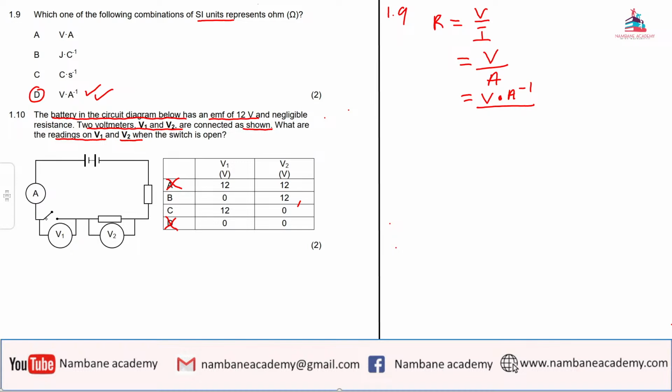It says when the switch is open, the battery gives us the maximum EMF, which will be 12 volts. So this here is actually measuring the potential difference there. So 12 is an option. And when I look at C, 12 is the first option that I can get. Because there will be no current flowing to V2, then that should read 0. So the correct answer here must be C.